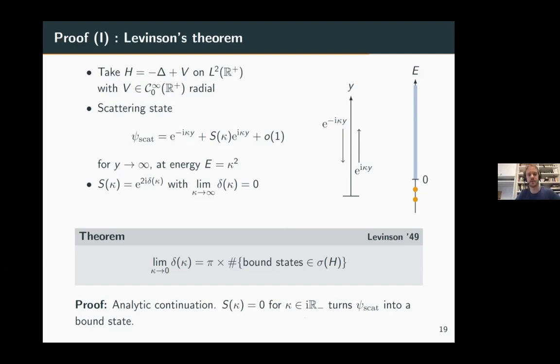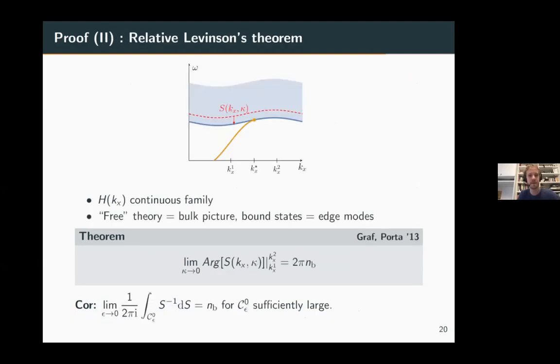So this is the original Levinson's theorem presented in a very vague way, and I'm not going to use it explicitly. What we are going to use here is a refinement of this theorem by Graf and Porta, where we have a family of Levinson's theorems.